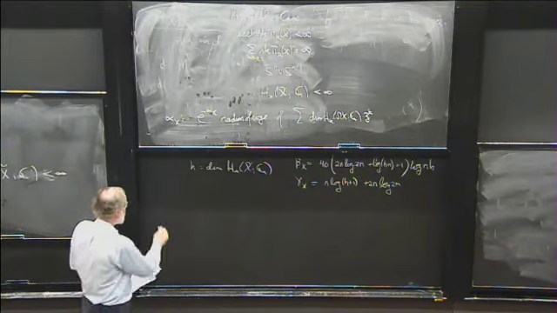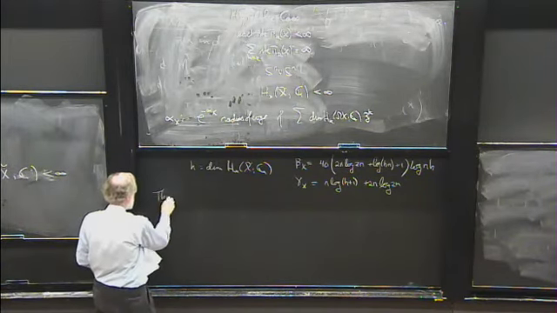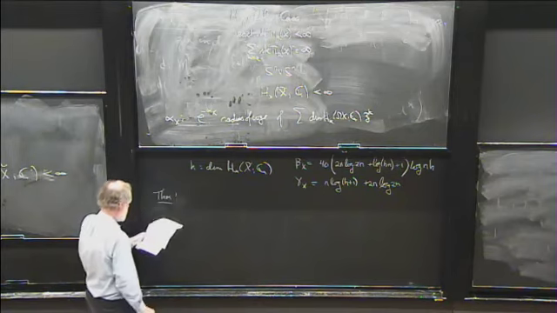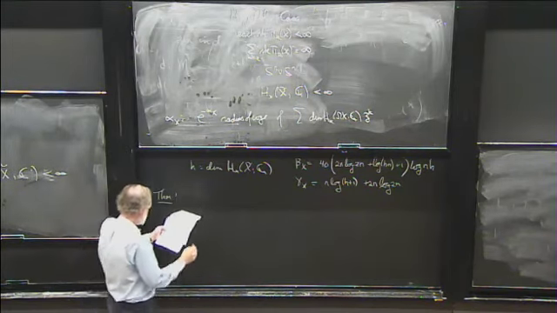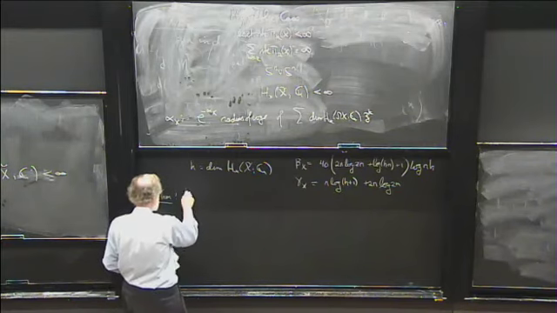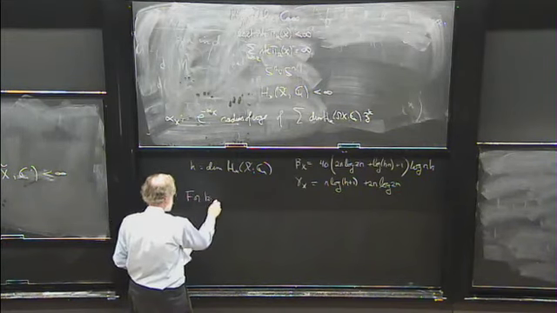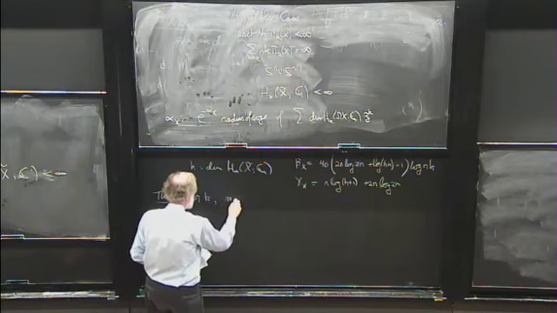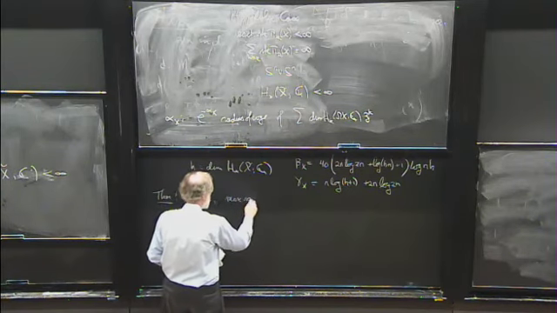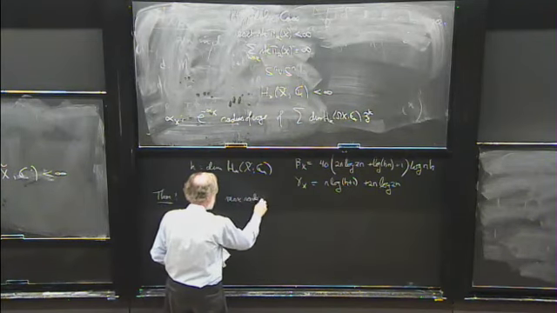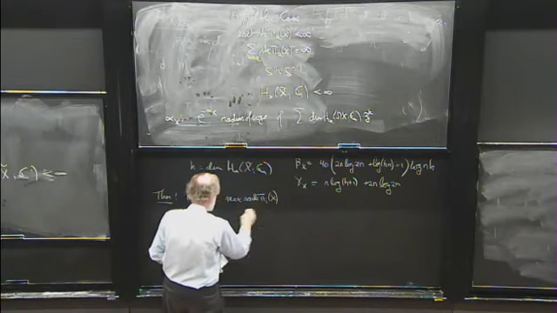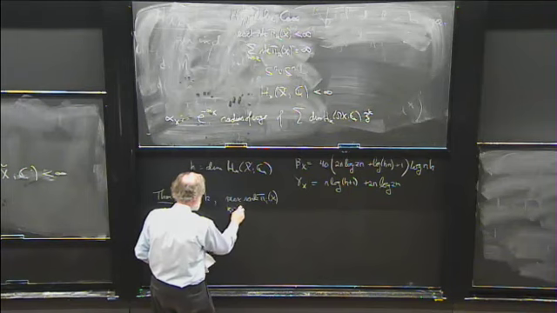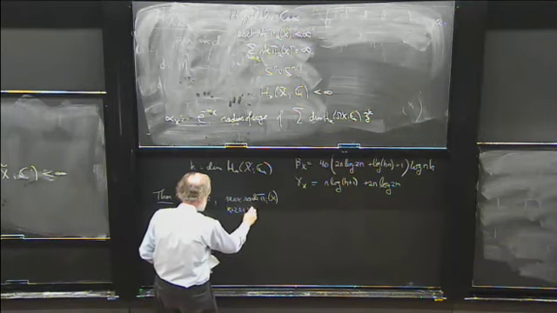And then here's the theorem, of which I am not going to sketch the proof. There are two theorems. One: for all k, the maximum of the rank of pi_i of X for k plus 2 less than or equal to i less than or equal to k plus n.